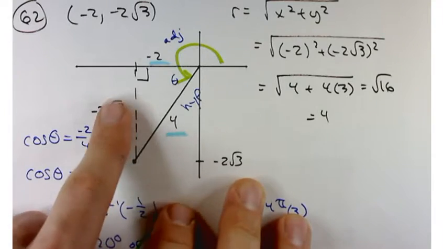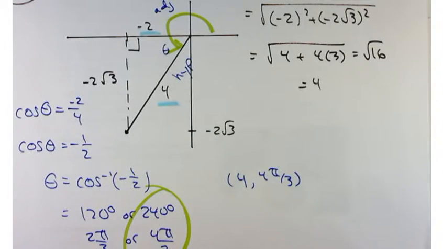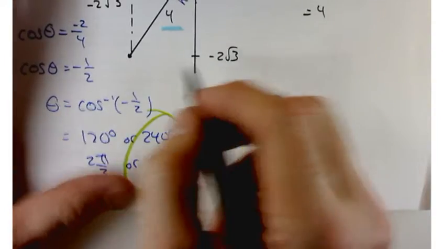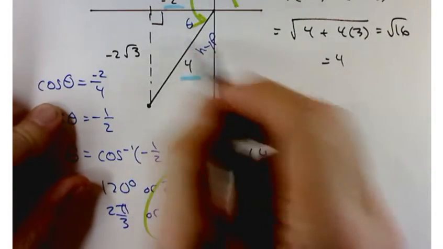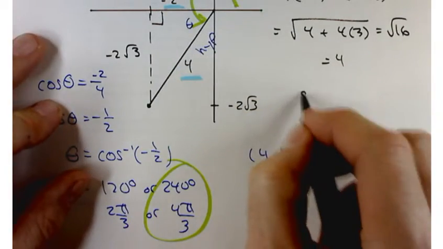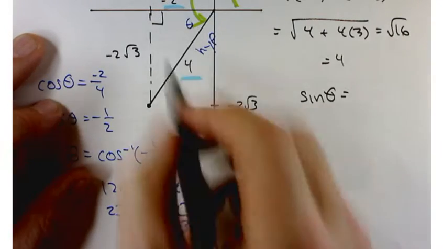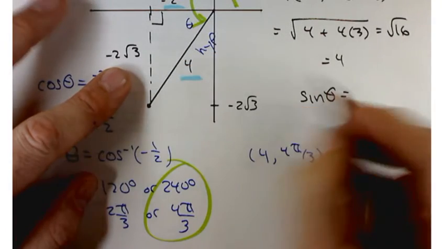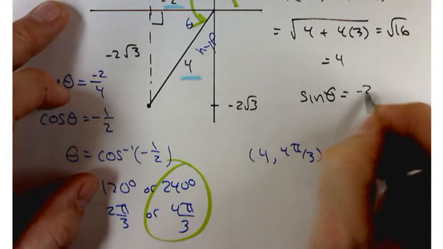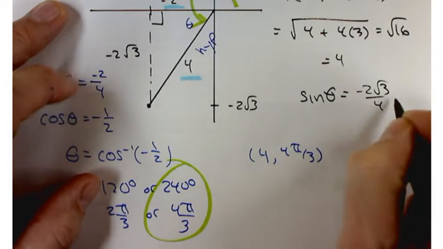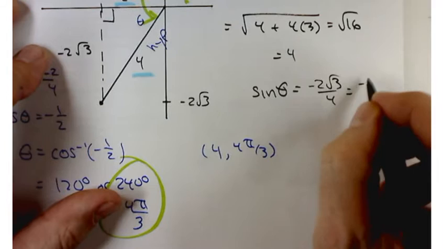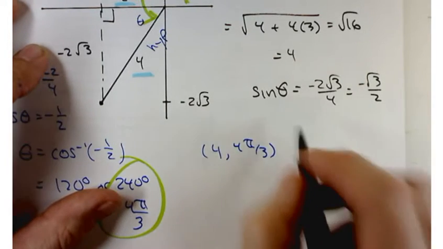By the way, it would have worked okay if we had chosen sine. It just would have been a little bit different. If I wanted to figure out theta using sine, then the sine of theta would equal the opposite over the hypotenuse. So that'd be negative 2 square root of 3 over 4, or basically negative square root of 3 over 2.